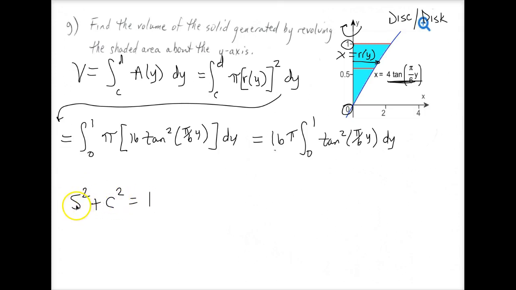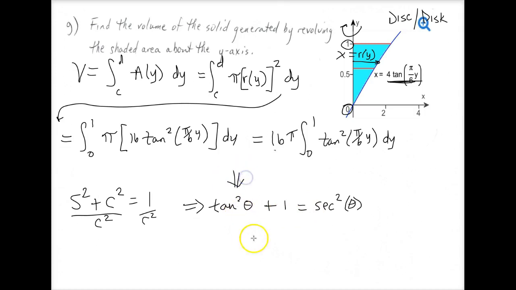I'm just going to let S equal sine of some angle and C be cosine of some angle. If we were to divide both sides by cosine squared, then that would turn out to be tangent squared of some angle plus 1 equals secant squared of some angle. And so from that, we know that secant squared of some angle minus 1 is the same thing as tangent squared of the angle.